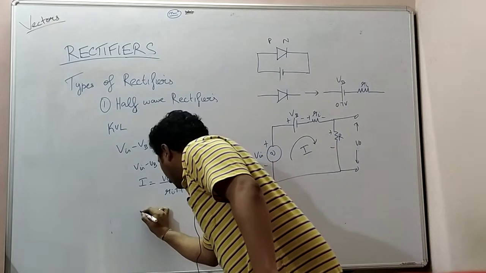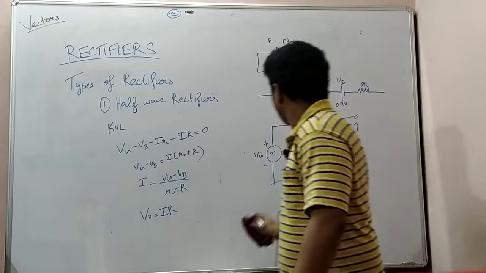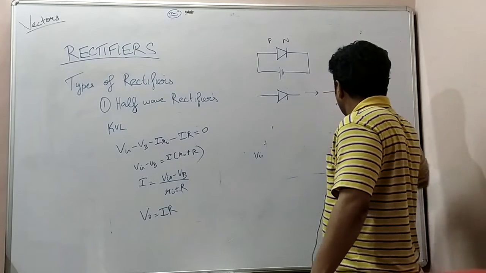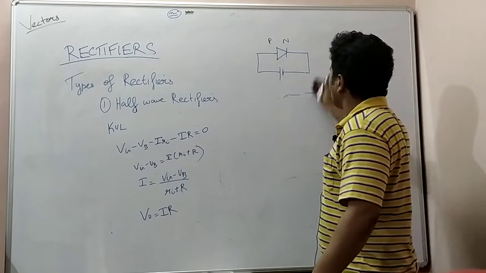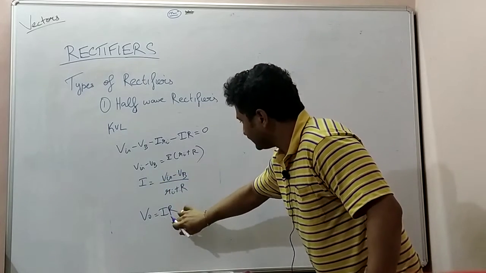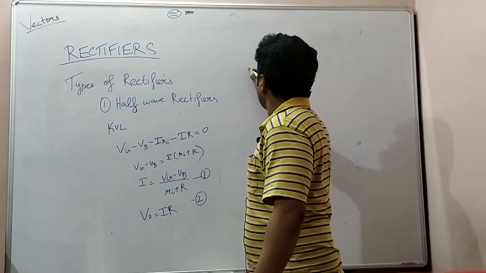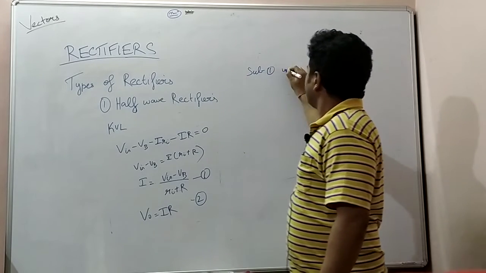So how to find the output voltage? V0 equal to IR. Now I am going to substitute the relation of I in this equation. We can have it as 1 and 2. Substitute 1 in 2.